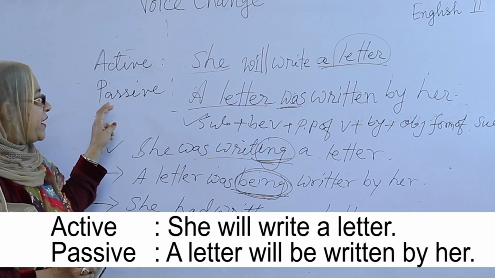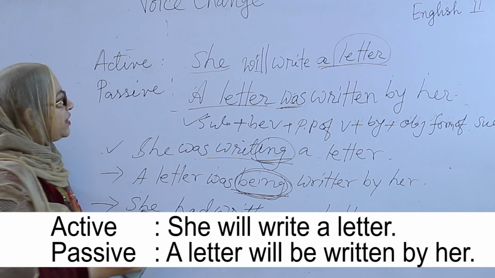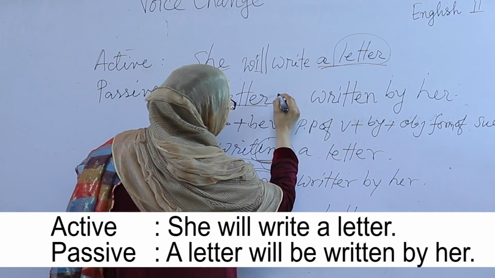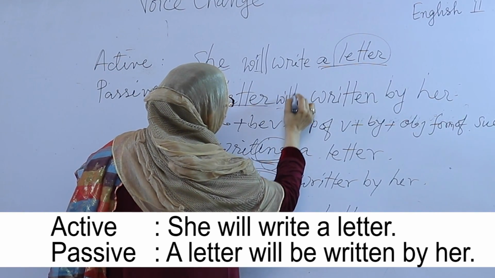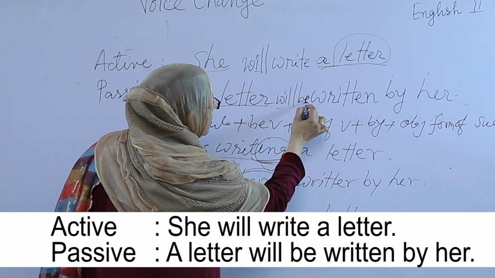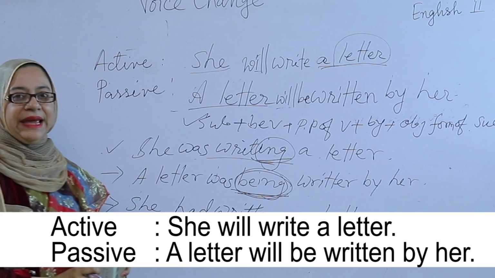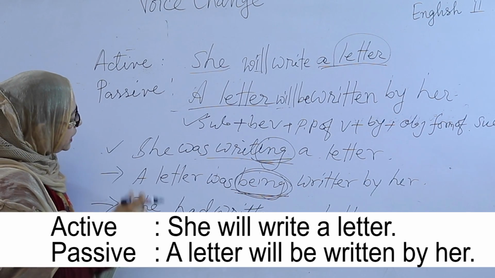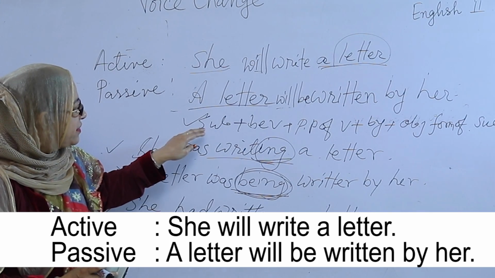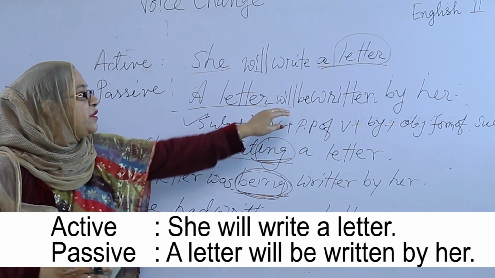When I turn it into passive, I use a letter will be. A letter will be written by her. And look at the board, the structure: subject plus be verb. This is the be verb.